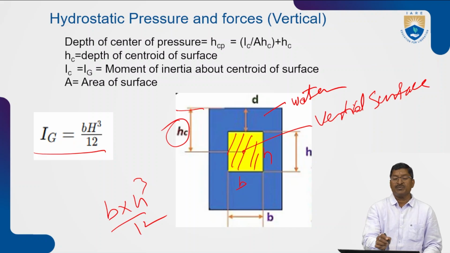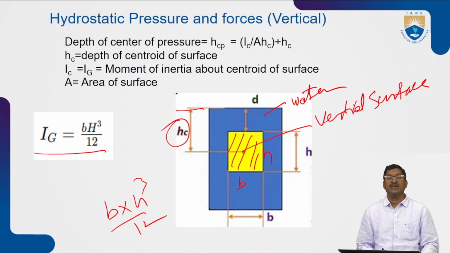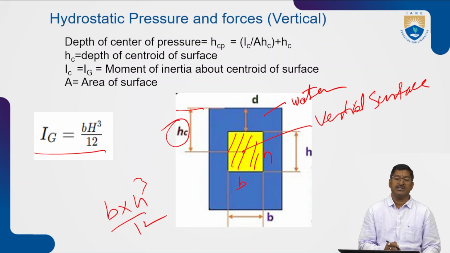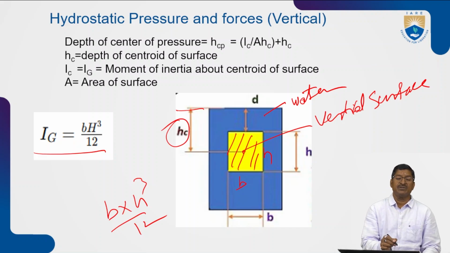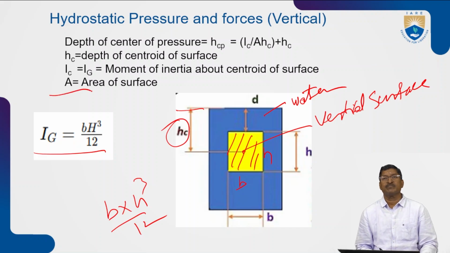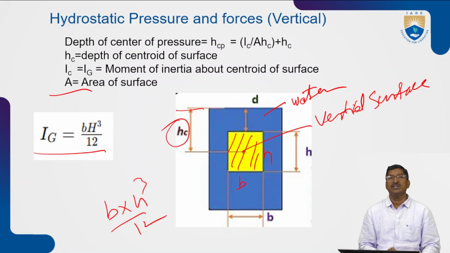So the formula for the depth of center of pressure is I by A h bar plus h bar, where h bar is the depth of the centroid of the surface. IC or IG is the moment of inertia about the centroid of the surface. A is the area of the surface, so A is equal to small b into small h, and the moment of inertia is equal to small b small h cube by 12.